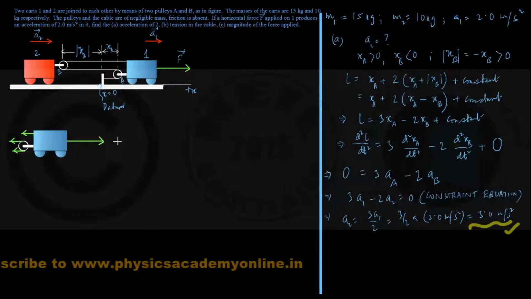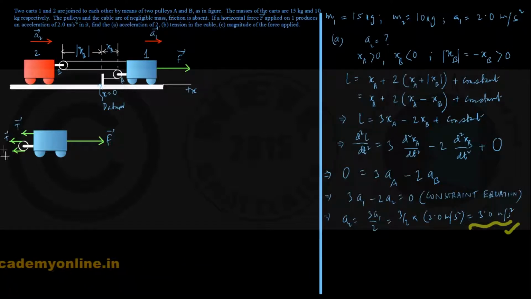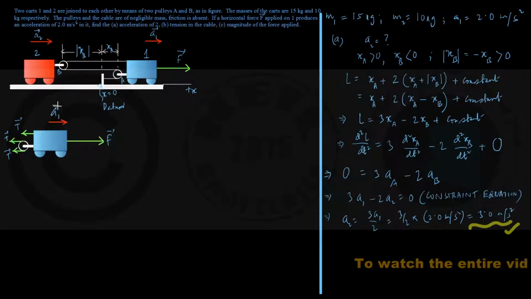So we have got the applied force F to the right and the force of tension exerted by the cable to the left at 3 different points of this cart 1. Under these forces, the acceleration of cart 1 is taken to be a1.